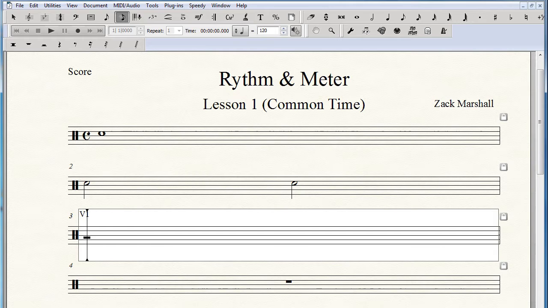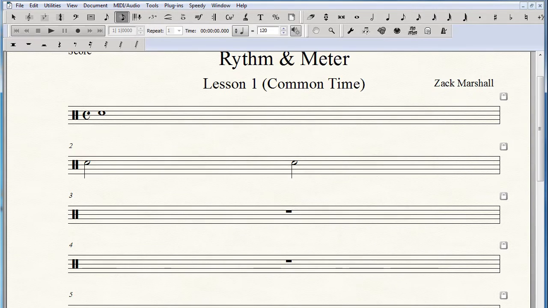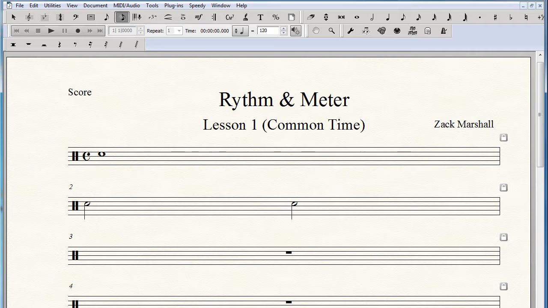Now, a lot of people will actually draw the pyramid, and you'll see the whole note is actually at the very top in the middle, and then as you go down, it goes out to the sides. And I actually used to teach it that way as well, but I like this better because this is more musical.